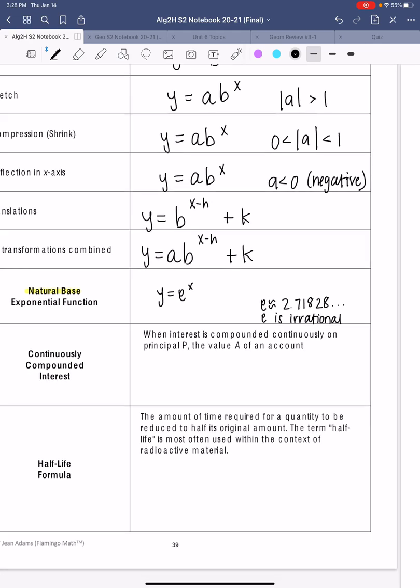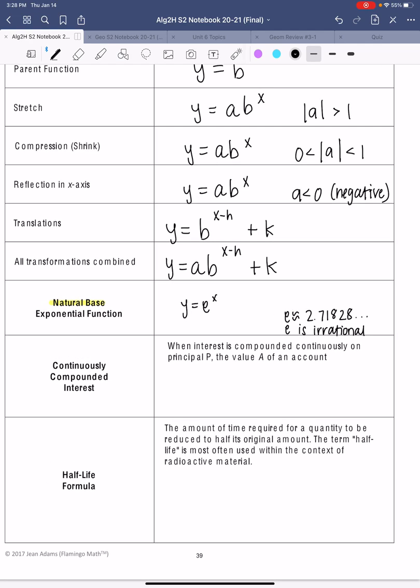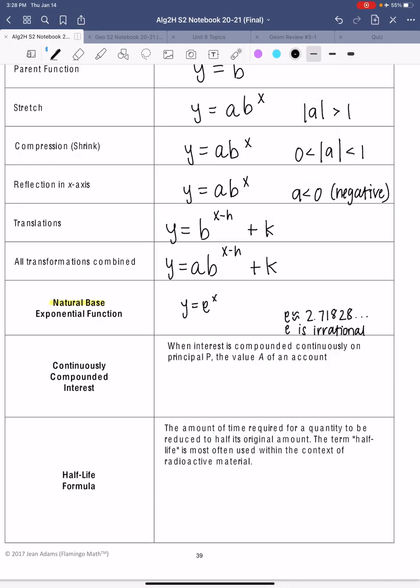So the next thing we're going to talk about is continuously compounded interest, so it's constantly compounding its interest. We're going to use PERT, and I call it PERT.